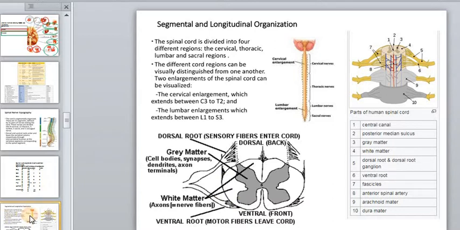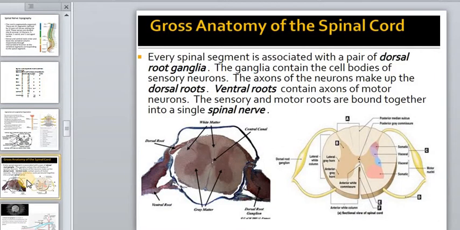And we can find on this slide the picture of the ganglion. Here you see the dorsal root of the spinal nerve, or posterior root, or sensory root, which is one of two roots that come from the spinal cord.